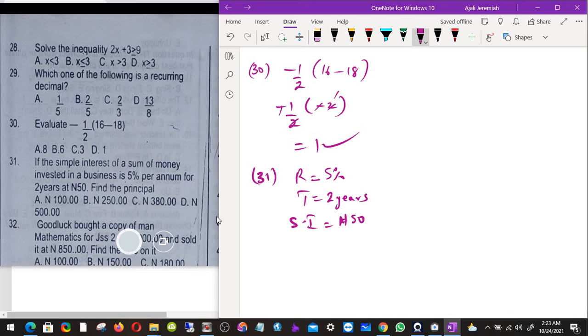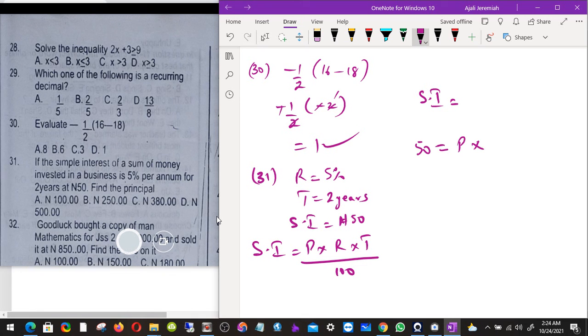We want to find the principal. We know simple interest is principal times rate times time over 100. So substituting, 50 naira is equal to principal times rate, which is 5, times time, which is 2, over 100.